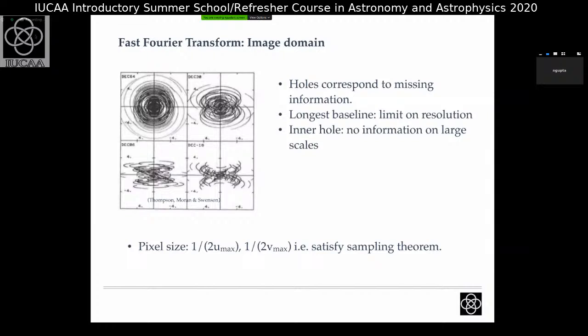You can see that, depending on how I have filled my UV plane, it looks pretty close to a filled aperture in the inner regions. But as I go outer, I have less and less measurements, so there are some holes. So although I have synthesized an aperture using these observations, it is not a perfect filled aperture, as we would have gotten with a parabolic reflector.